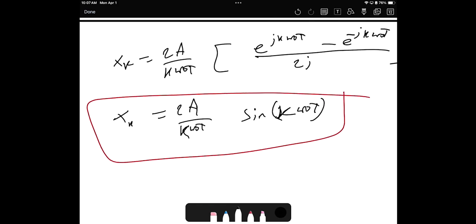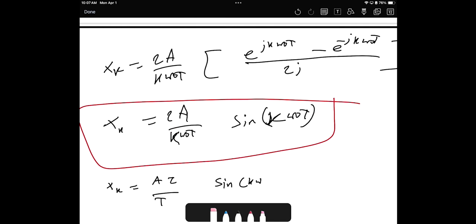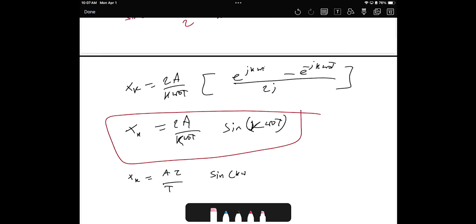Let's see here, I think I wanted to mention when we do this, omega naught tau over 2, or here tau. Let's please make this correction.